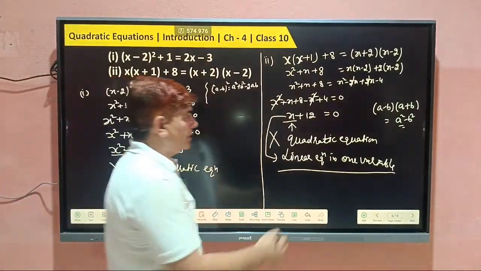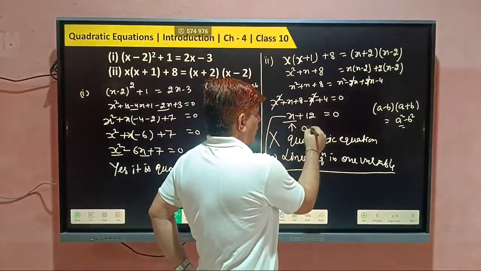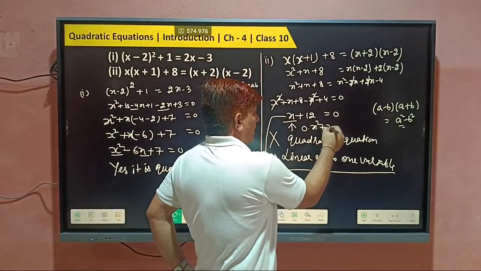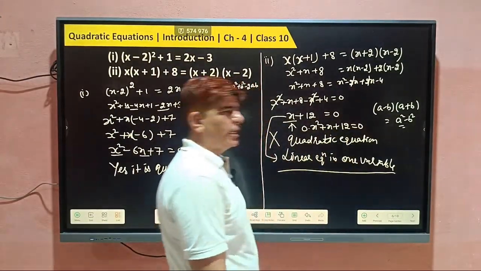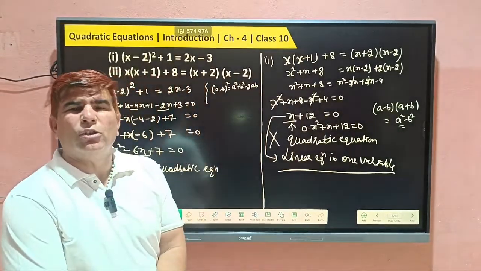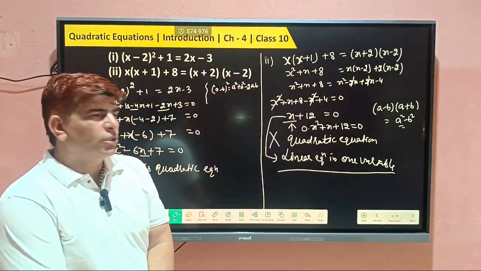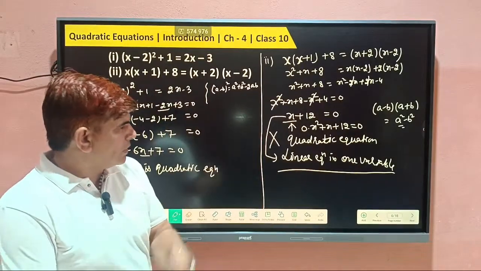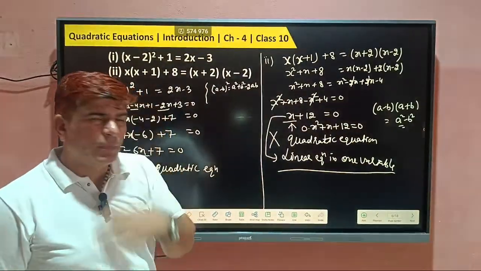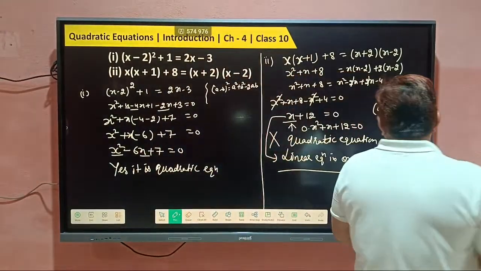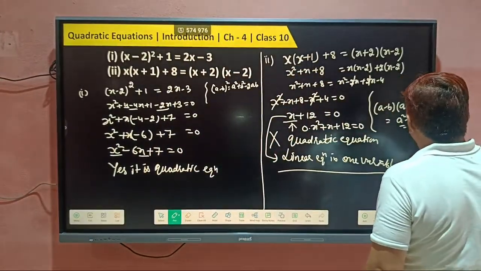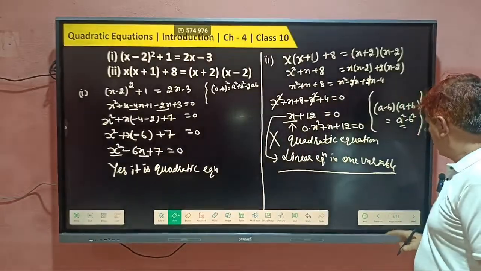And if I write this like this, 0 into x square plus x plus 12 equal to 0, would it become a quadratic equation? No, it's not a quadratic equation. Got it? So what's your answer? Check one time. This we can also use directly.